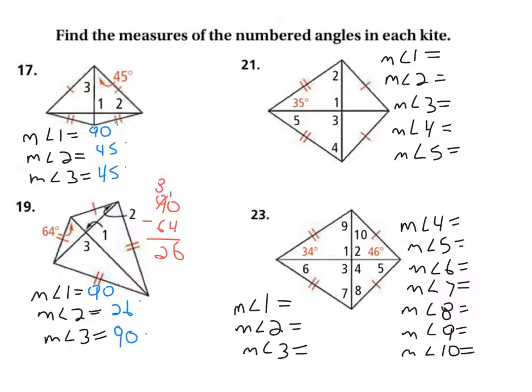We have angles 1 and 3 are both those angles there. What we need to do is say, well, okay, if this angle is 90, then these two have to sum to 90 as well. And so what will it be when you do 90 minus the 35 that we already know?